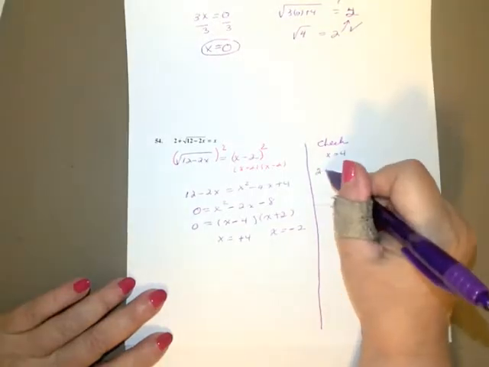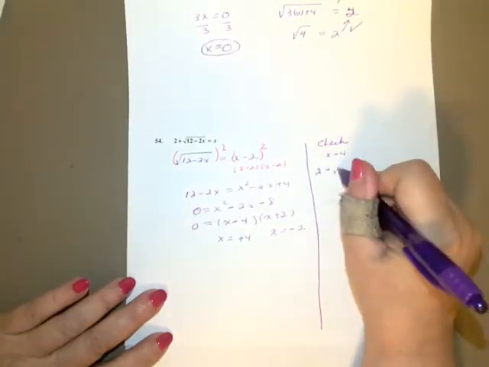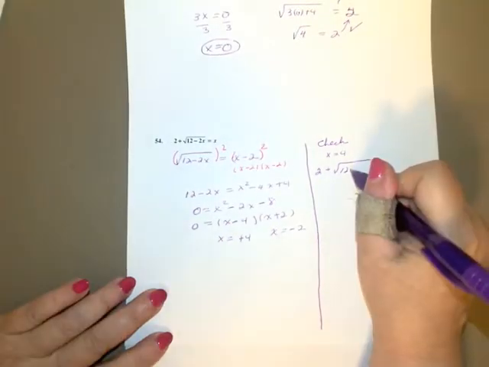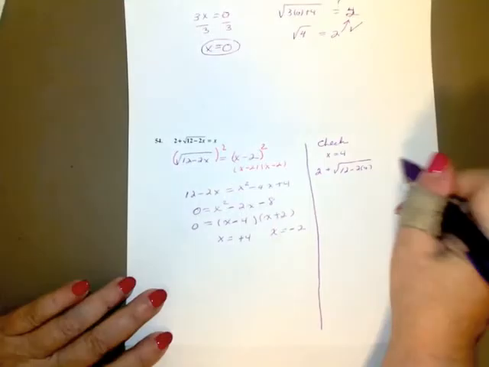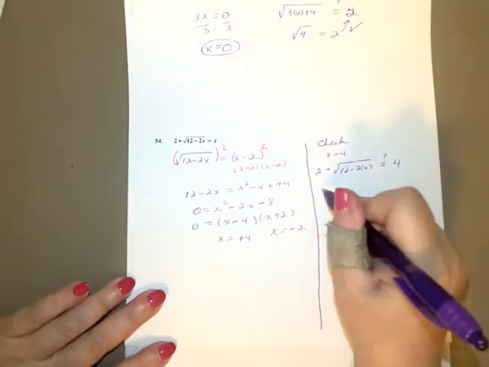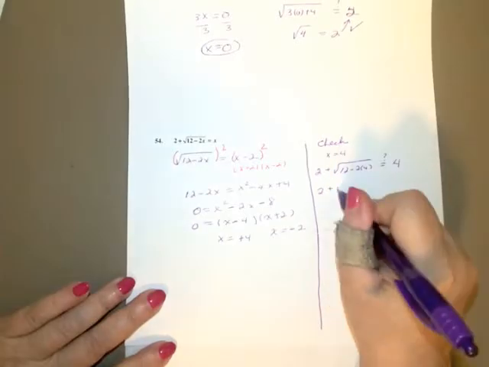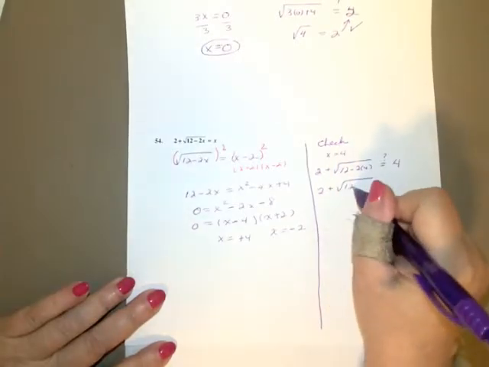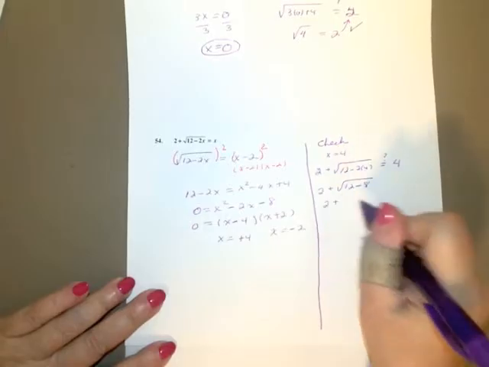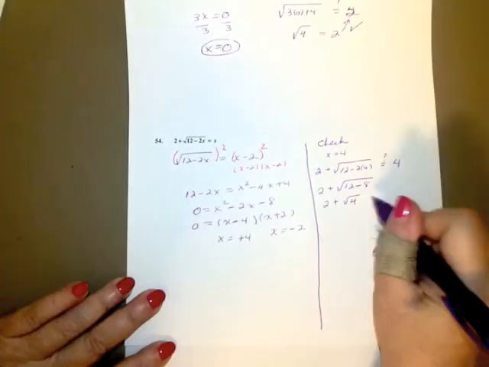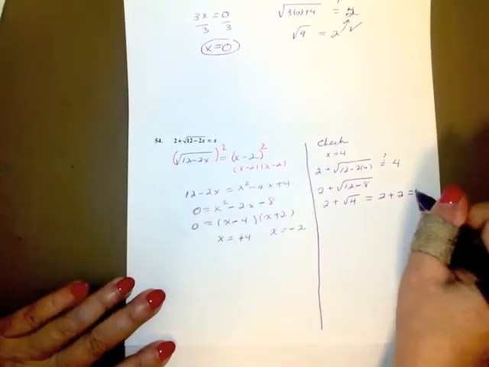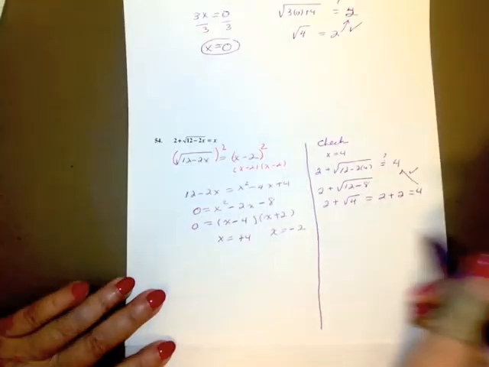Is it true that 2 plus the square root of 12 minus 2 times 4 is equal to 4? Well, this is 2 plus the square root of 12 minus 8, which is 2 plus the square root of 4, which is 2 plus 2, or 4, and it checks.